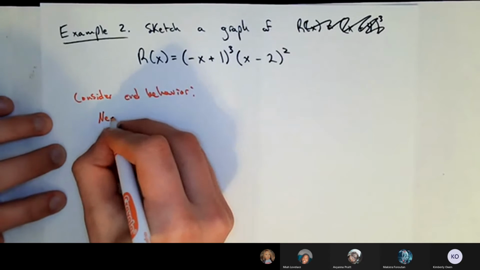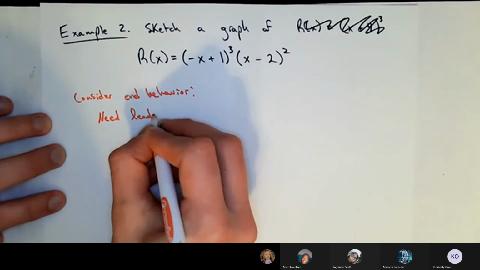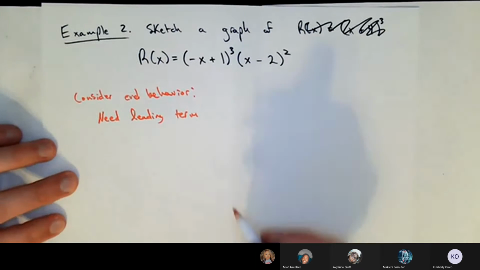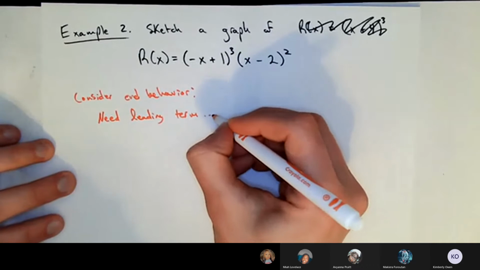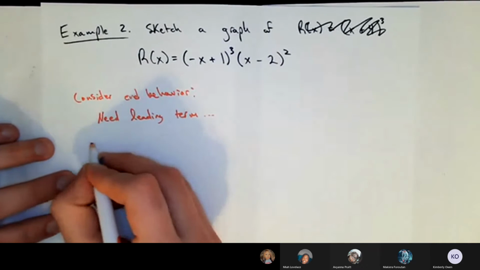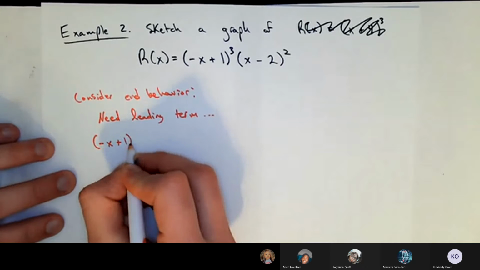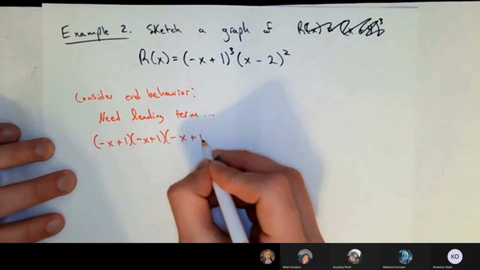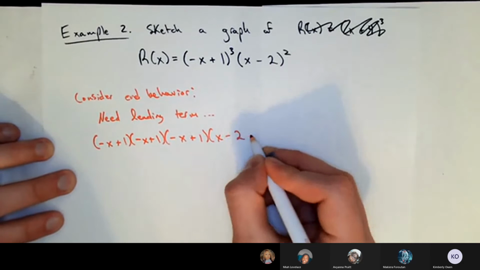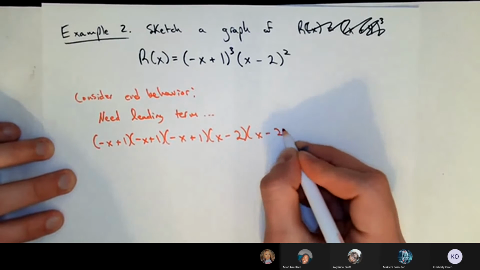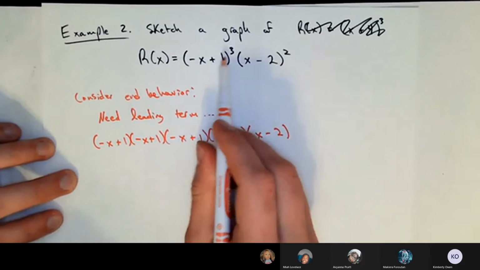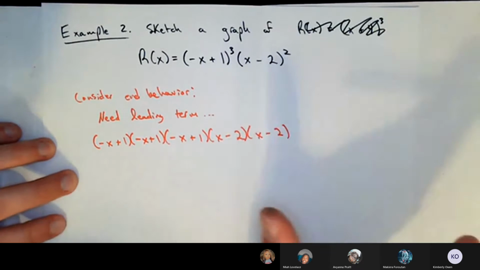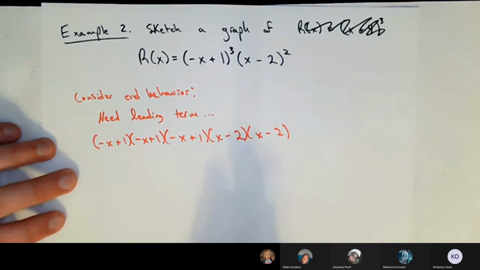We need the leading term so that we know its degree and its sign. So, expanding this out, I'm getting negative x plus 1 times negative x plus 1. You don't have to do this part if you realize what's going on: I'm going to take this thing and multiply it by itself 3 times, and take this thing and multiply it by itself 2 times, and then multiply those two pieces together. That's fine.